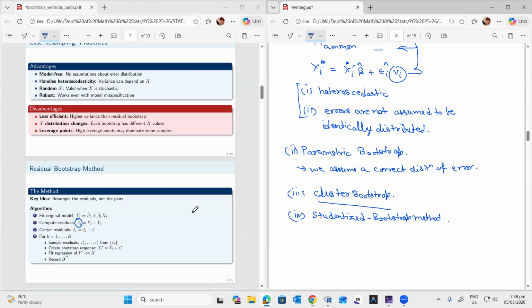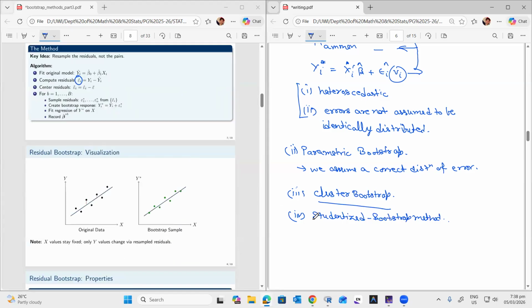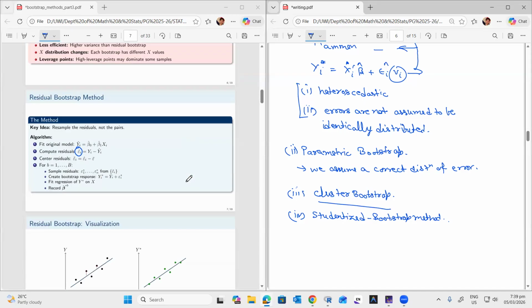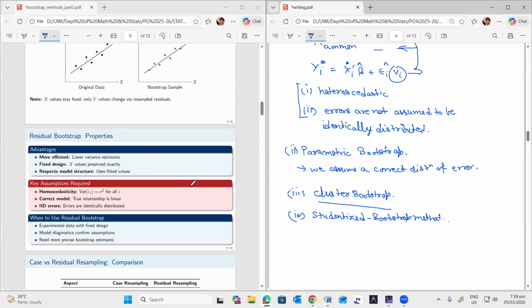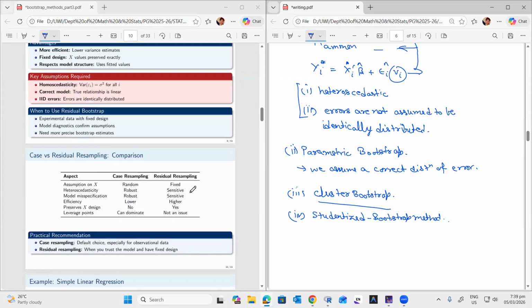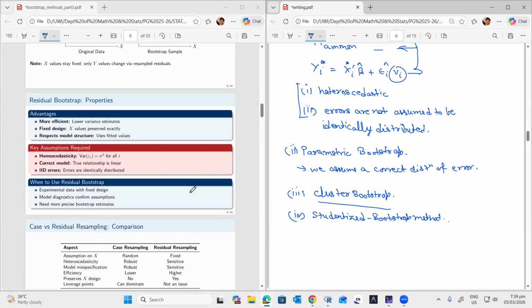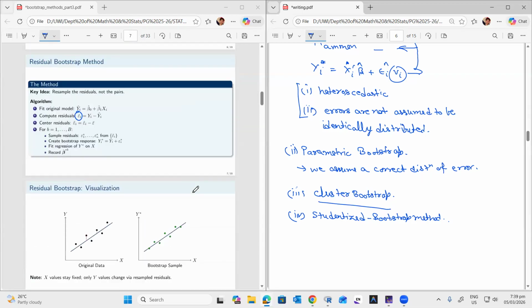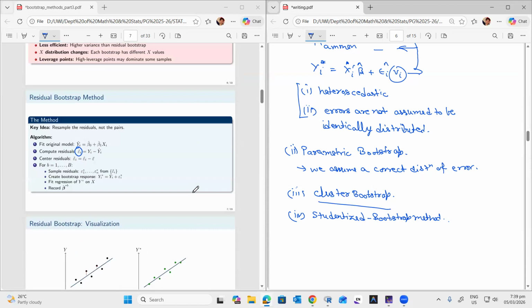Do you have any doubt till now, or should we proceed? Or we do one thing: we just discuss the bootstrap in detail, with the methodology, in the next lecture, if you don't have a problem.